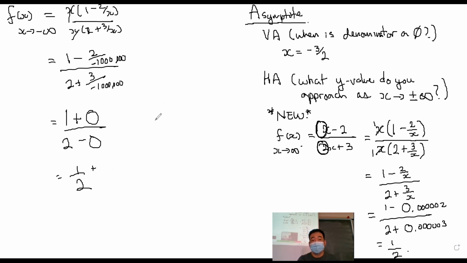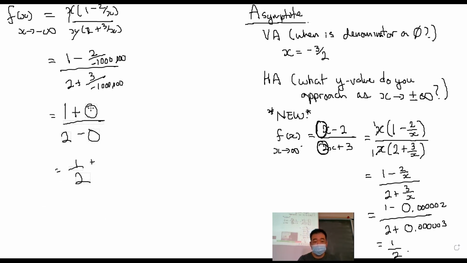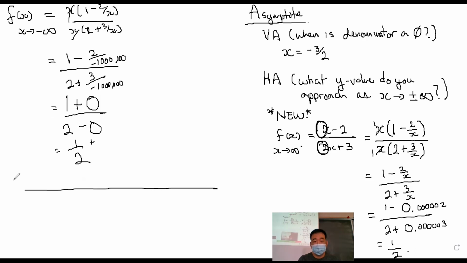Okay, the last thing that we need to do is the chart. What are my vertical asymptotes? It is -3/2. Do I have any x-intercepts? Yes, we did. What was my x-intercept? 2.